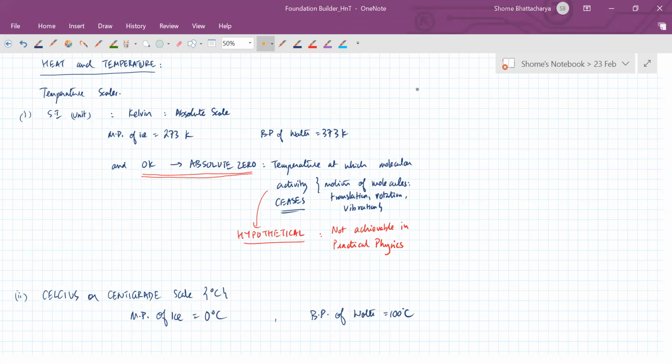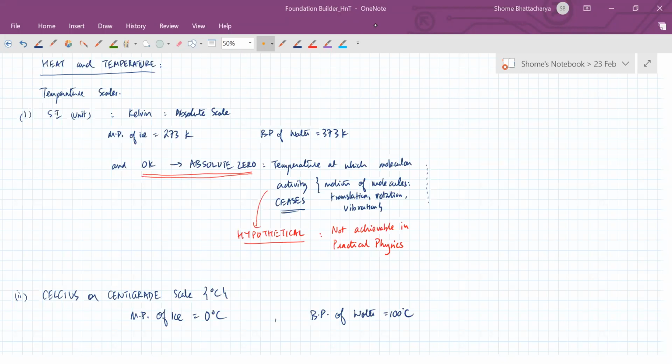Yeah, Ayush, this is the definition of absolute zero I've written down here, so you can just note this down. This is what I was explaining, that absolute zero is 0 Kelvin, or that's the same thing as minus 273 degrees C. It is the temperature at which the molecular activity ceases. Ceases means does not happen anymore.